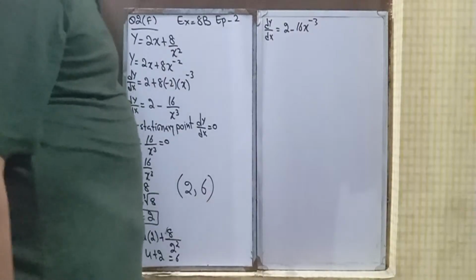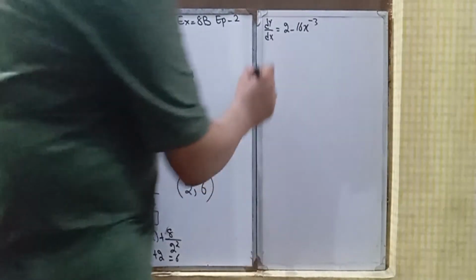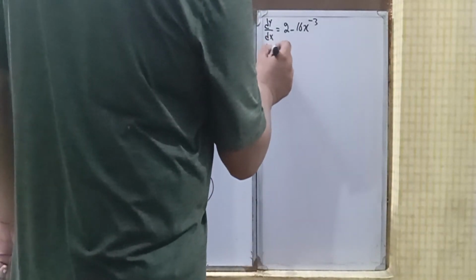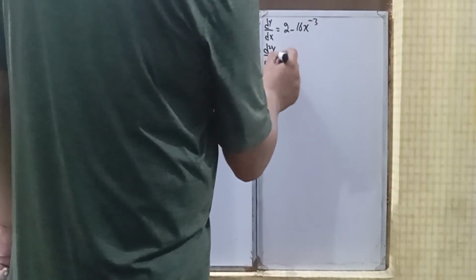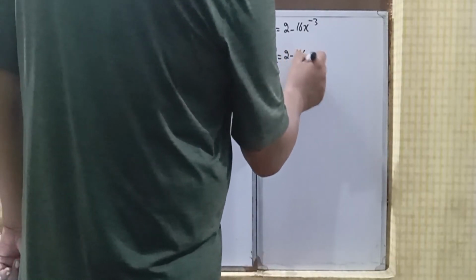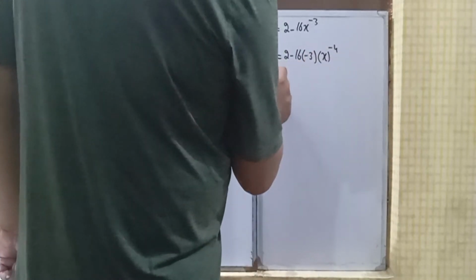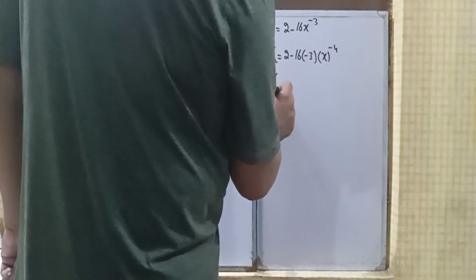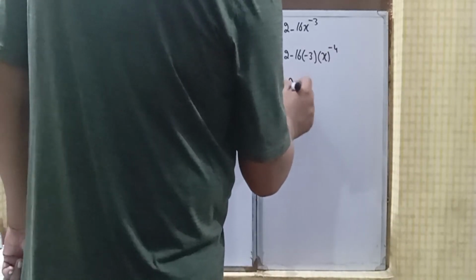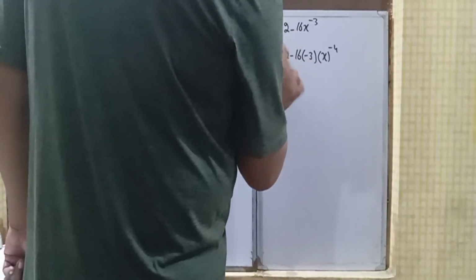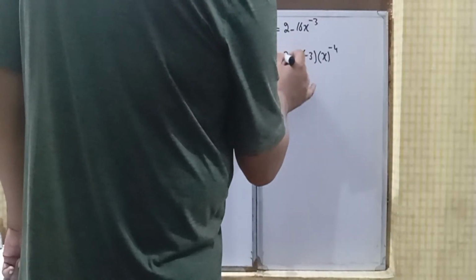So I will find the second derivative, d squared y by dx squared, which is 2 minus 16 into minus 3 into x raised to power minus 4. The derivative of 2 is 0.